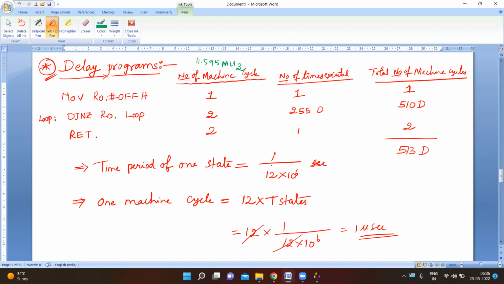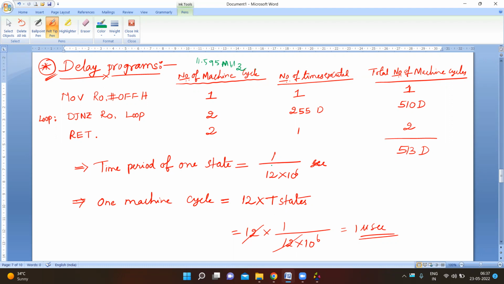If the microcontroller clock frequency is 12 megahertz, then what is the time? 1 by frequency, 1 by 12 megahertz. So it comes to about 1 microsecond, that is 1 by 12 into 10 power 6 seconds.